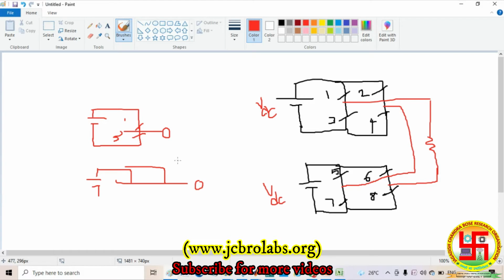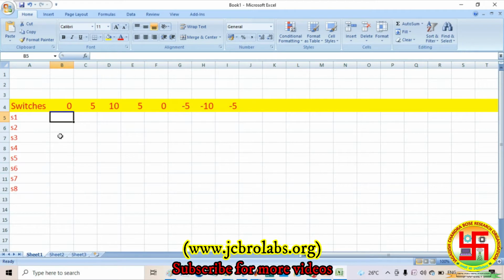Now I am considering the second option, turning on 1 and 2 in the upper bridge. In the same way, I turn on 5 and 6 in the second bridge also, so 4 switches will be turned on. Then you will get 0 at the load side. At the 0 case, 1 and 2 are turned on, as well as 5 and 6.